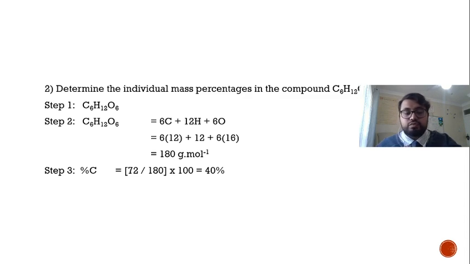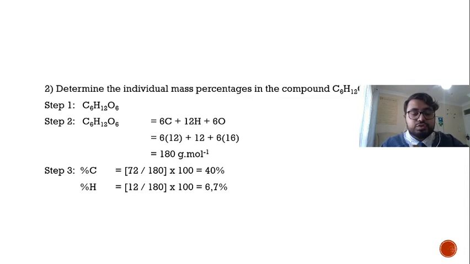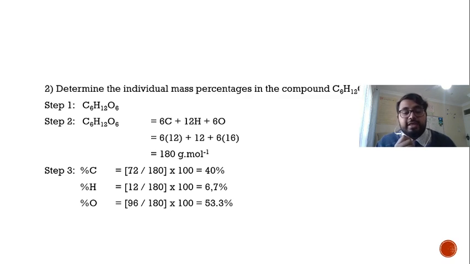Now we go to hydrogen, and that's 12 over 180 times 100, which is 6.7%. And oxygen is 96 over 180 times 100, which equals 53.3%. Now again, if you add that up, you get 100%.